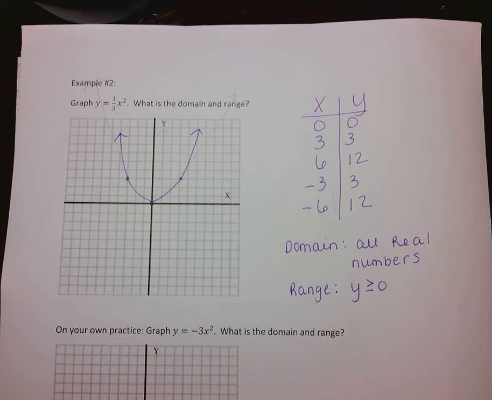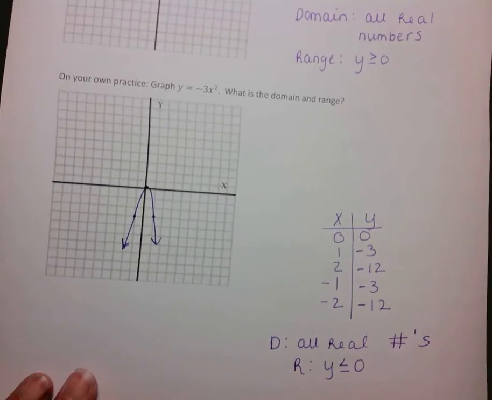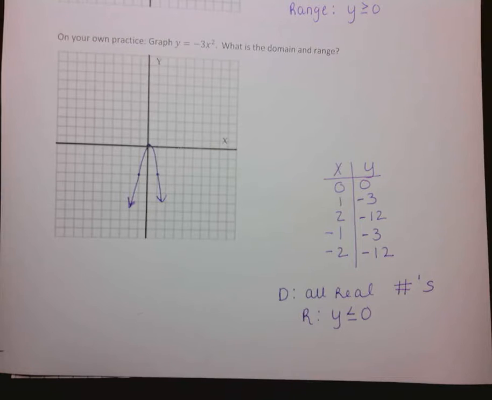Okay, so now go ahead and hit pause and graph y equals negative 3x squared and identify what is the domain and what is the range. So here's the graph.